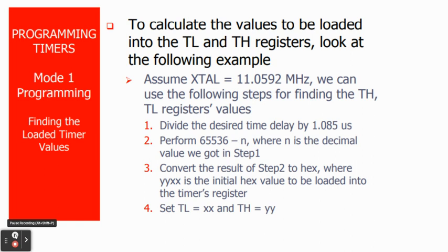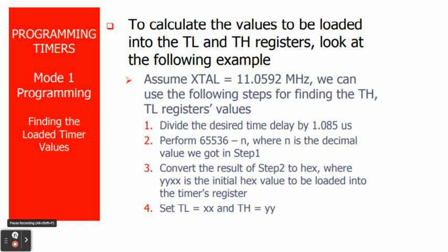So again, we need to divide the desired time delay by 1.085 microseconds. The time delay may be in seconds, milliseconds, microseconds, or nanoseconds, but before you divide by 1.085 microsecond, they must be in the same unit. So the time delay must be expressed in microseconds. For example, if you want a 1 second delay, you cannot put 1 second divided by 1.085.